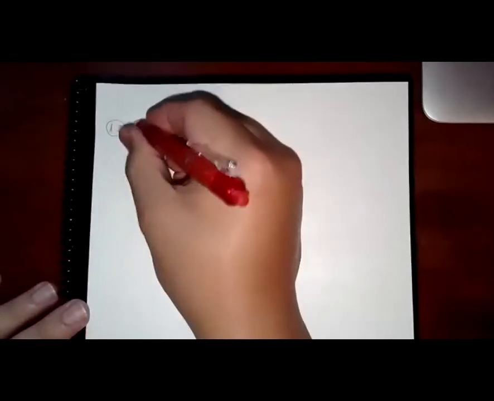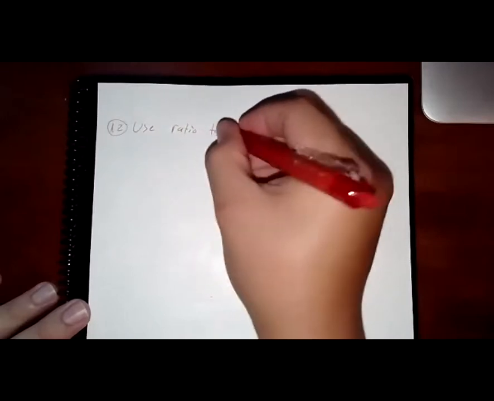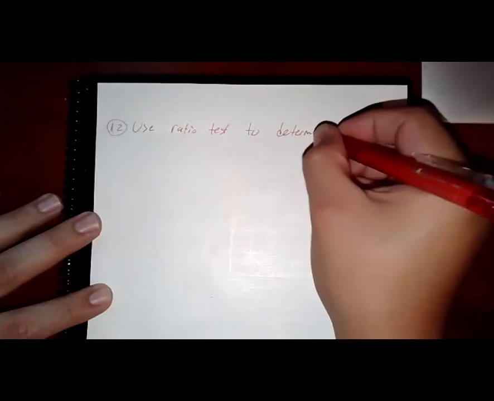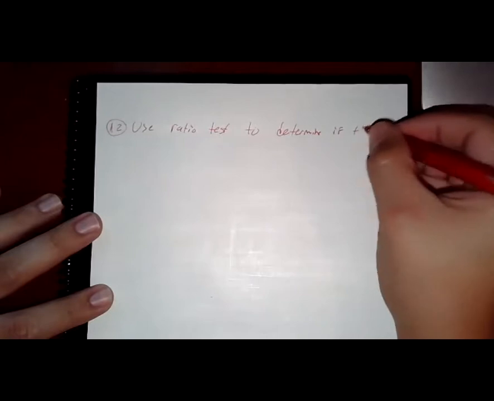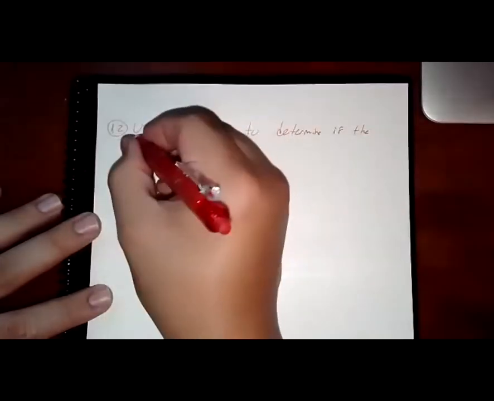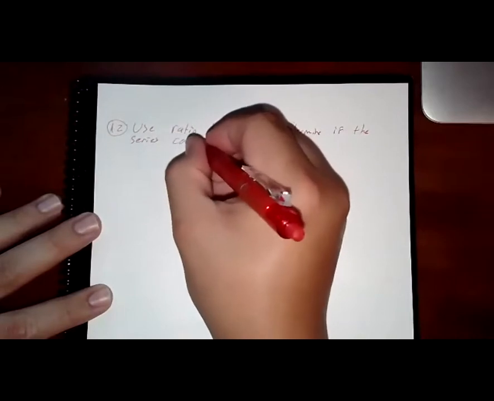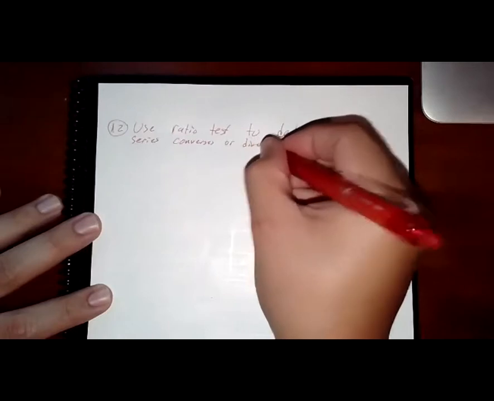Number 12. Oh, it's different. It says use the ratio test to determine if the series converges or diverges.